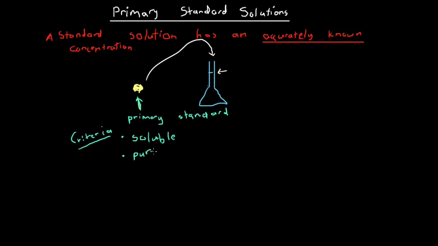Next, it must have a known formula. That sounds like a bit of a given, but we need to make sure we know the formula of the substance if we're going to use it as a primary standard.